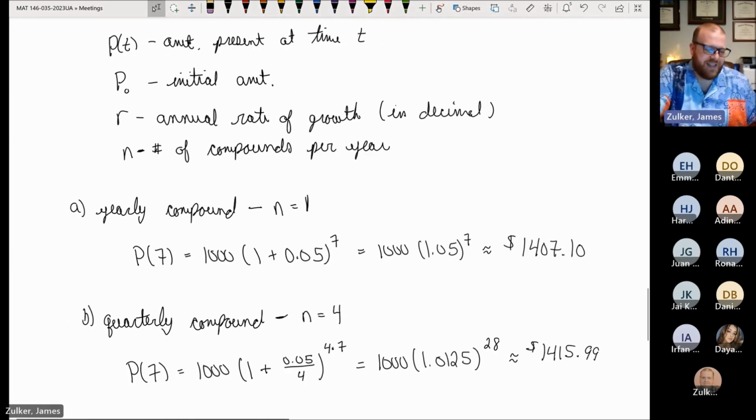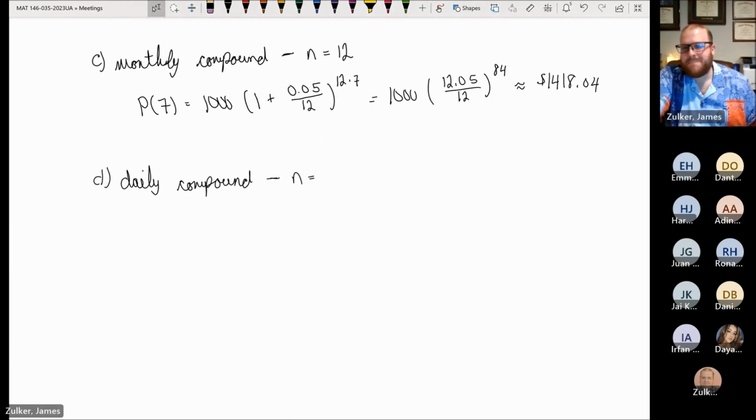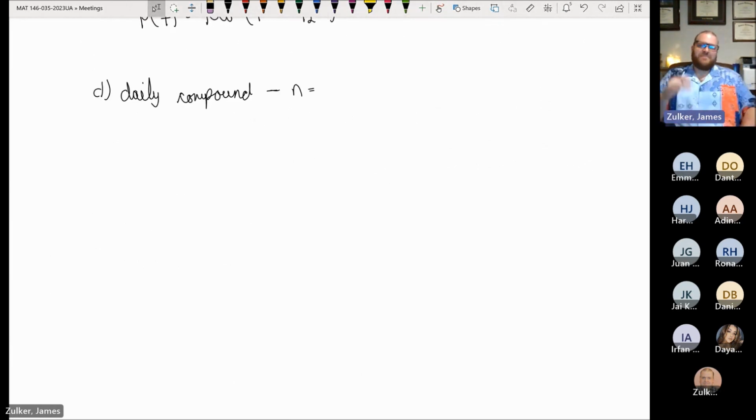This presents a problem, right? Because you can't have a quarter of a day in a year. So most years, it'll be 365. Some of the years, it'll be 366.